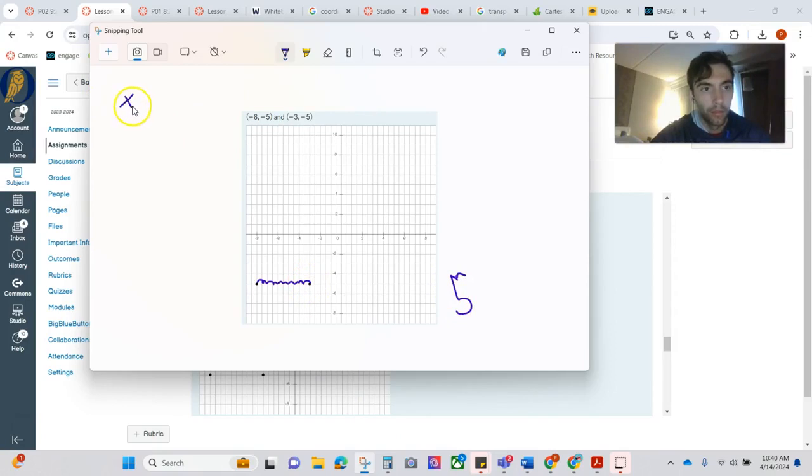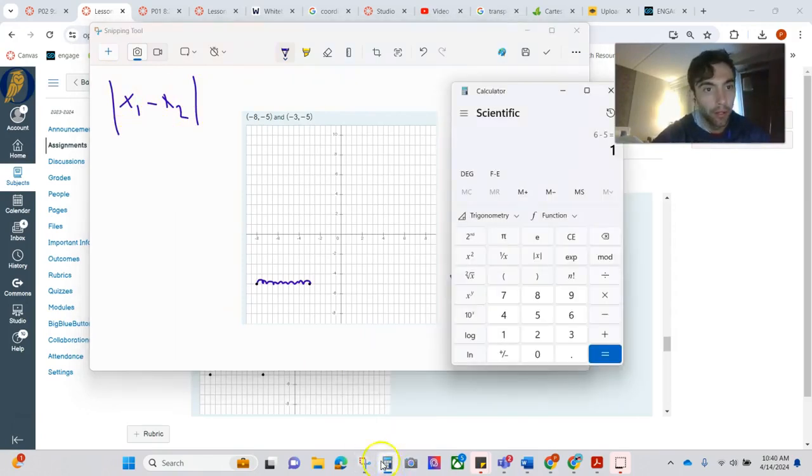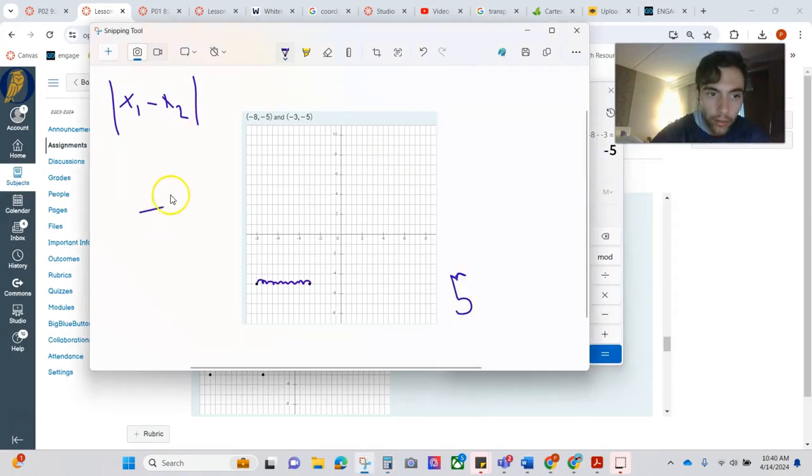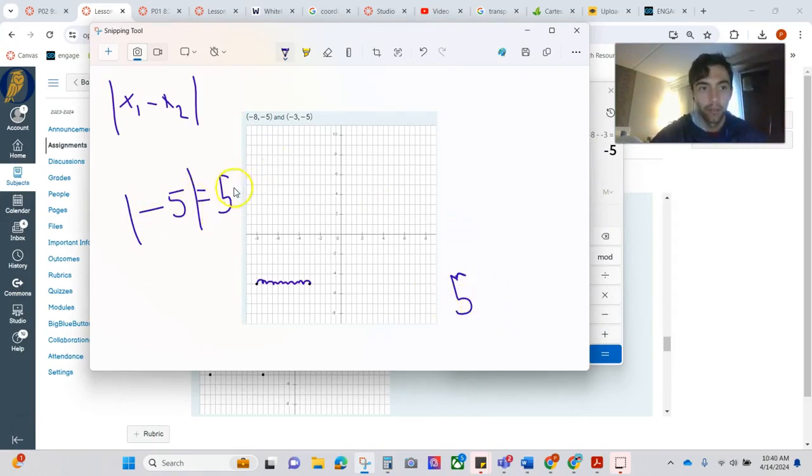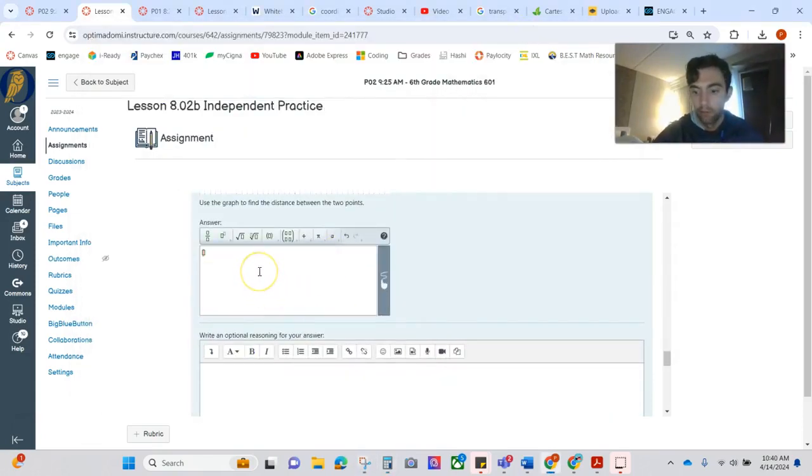First x minus the second x, and we find the absolute value of that, meaning we turn it into a positive. So first x is -8 minus the second x, -3, which is -5. Oh, but we're finding the absolute value. Absolute value turns all numbers into a positive. So, okay, it is confirmed. We counted right. We used mathematics to prove our answer here is 5.